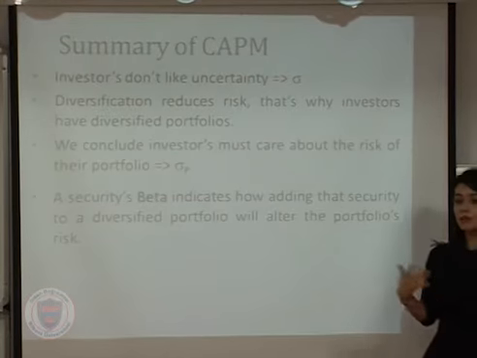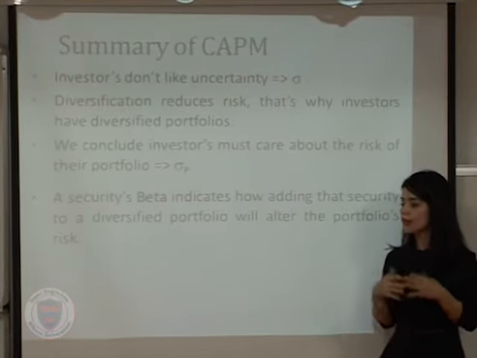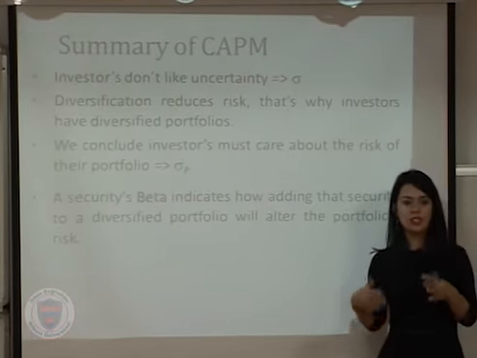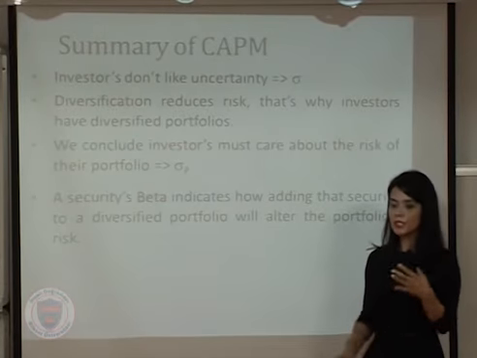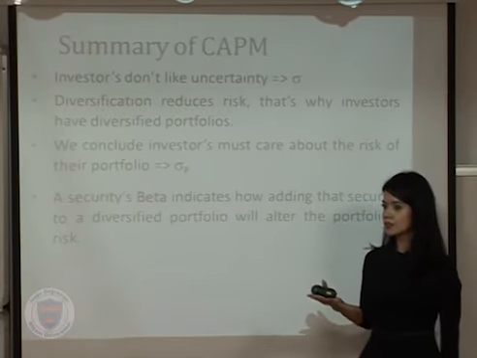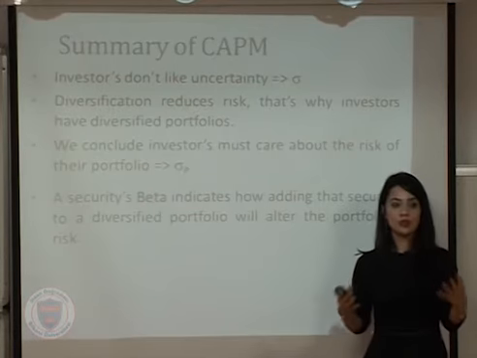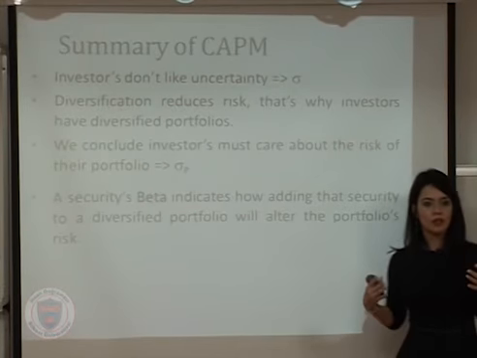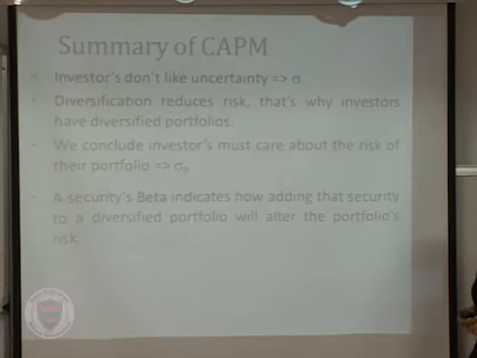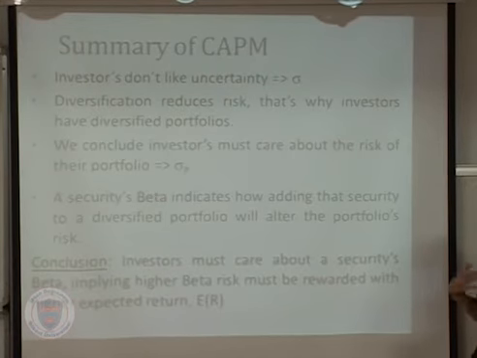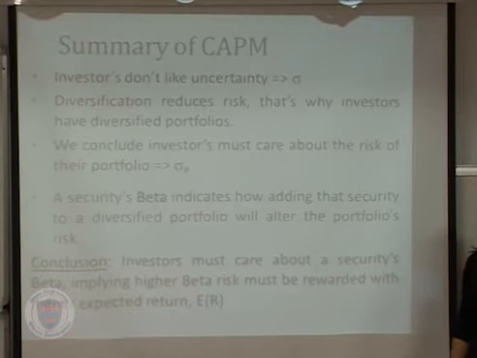If you have a well-diversified portfolio, you're getting rid of all the unique risk. You're just left with the market risk. And since beta measures the market risk, you will have an idea about how much return you're going to get every time market return changes. So that's why beta is important. And beta gives you an idea about the reward for bearing the systematic risk.